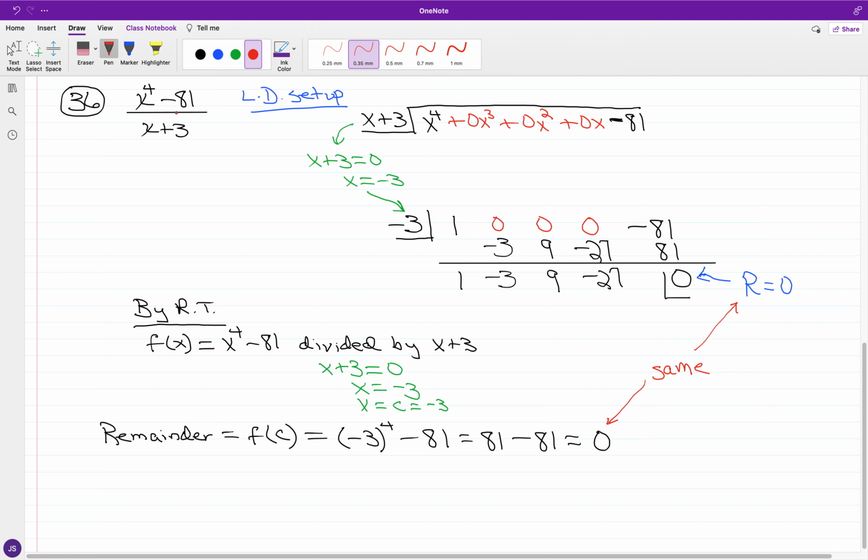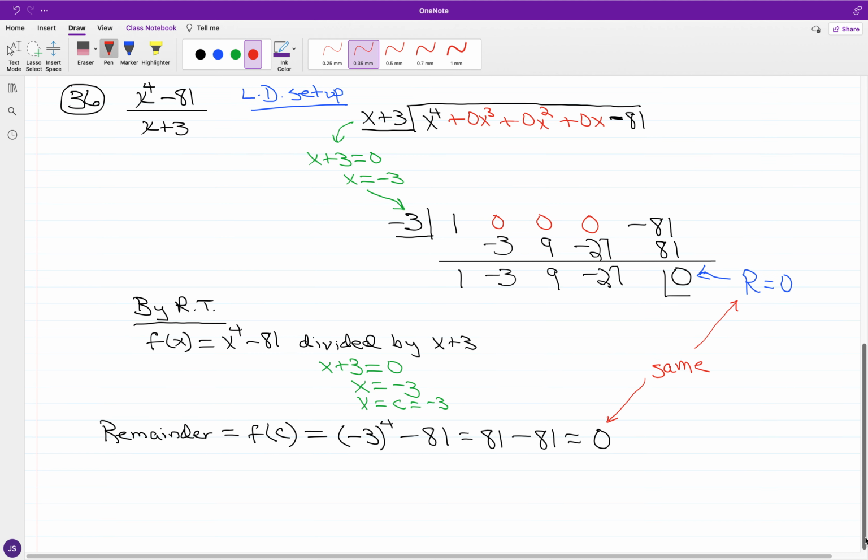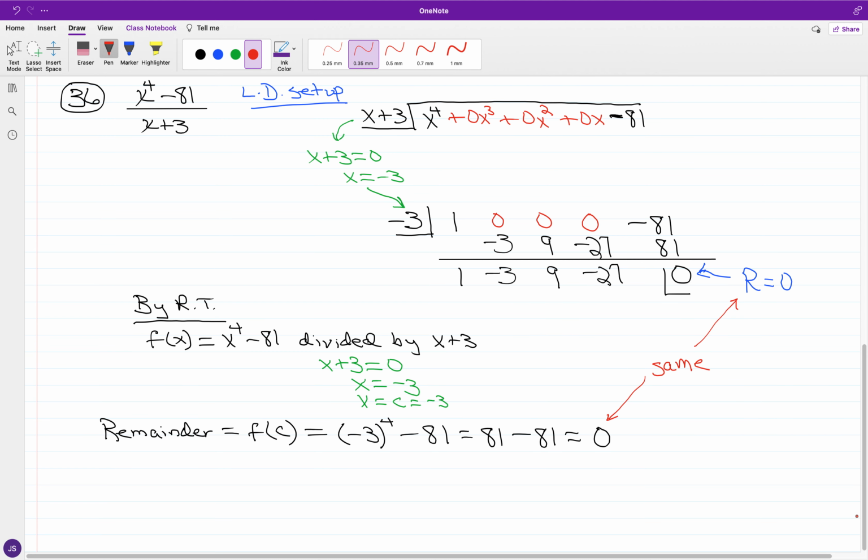In this case, we had only 2 terms, so with the 0 I was able to plug in for f of x. But if you have a long polynomial dividend, especially with higher absolute value coefficients, I would say synthetic division would probably be your preferred route in terms of finding out what the remainder will be.